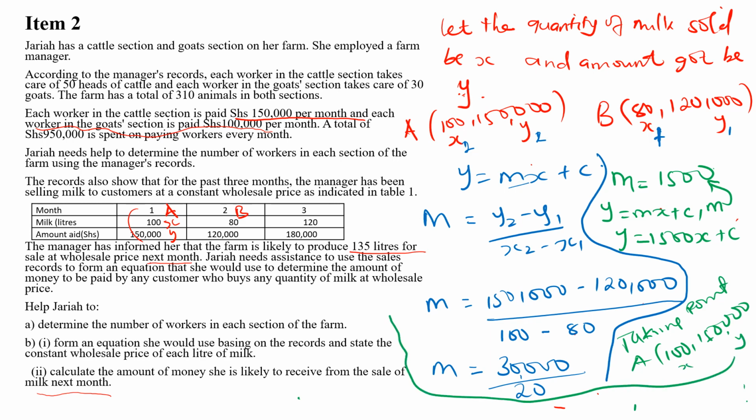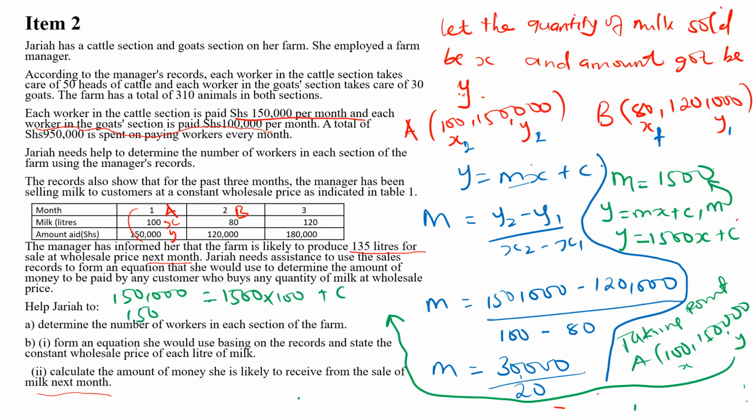Now kindly see here what I'm going to do to find the value of c. Now, what is our y? It is 150,000 is equal to, what is our x? It is 100. So come and say y is equal to 1,500, then x, but x is 100, then here plus c.